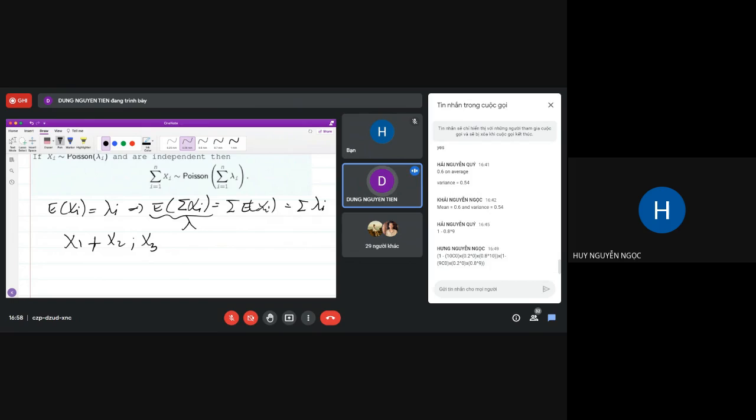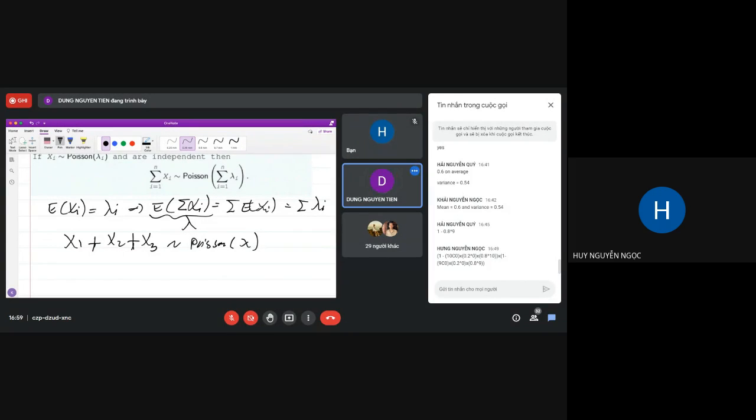Then we consider the sum of the three, X1, X2, X3, the number of red, blue, or black cars, which is also a Poisson random variable. You get a Poisson distribution with the parameter lambda, the mean of the sum, which is the sum of the means, so you get lambda 1 plus lambda 2 plus lambda 3.